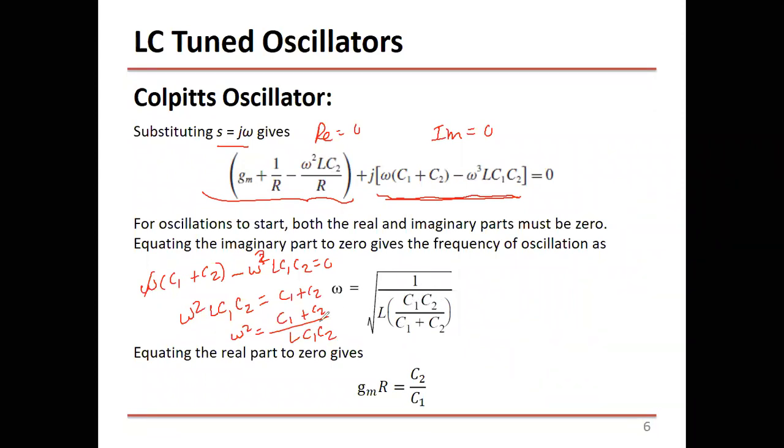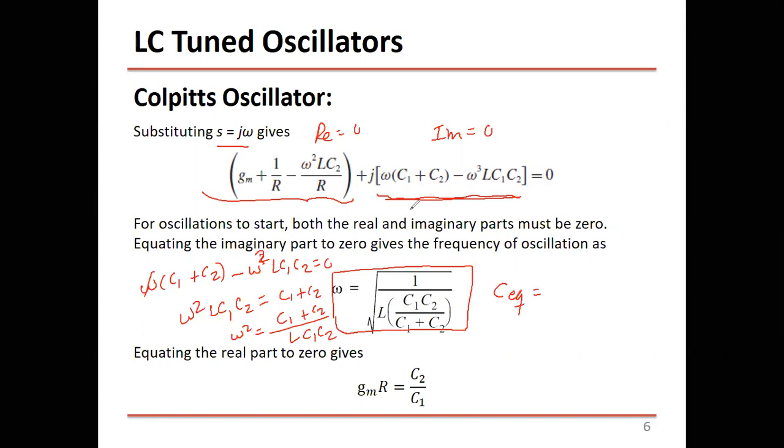If you take the square root of both sides, you're going to have omega as the square root of 1 over L times C equivalent. So this is the C equivalent. C equivalent is C1 in series with C2.